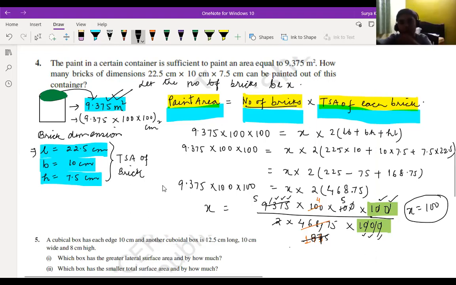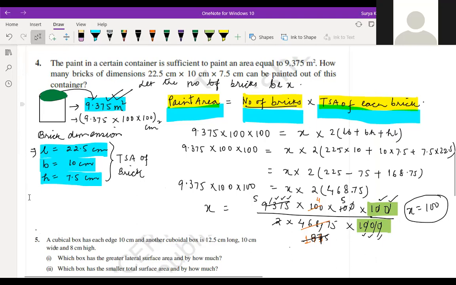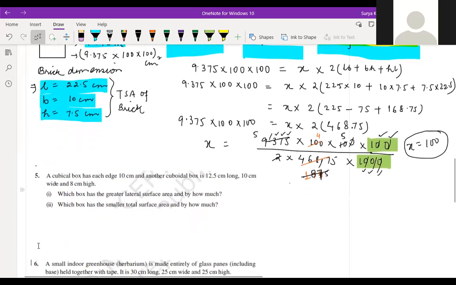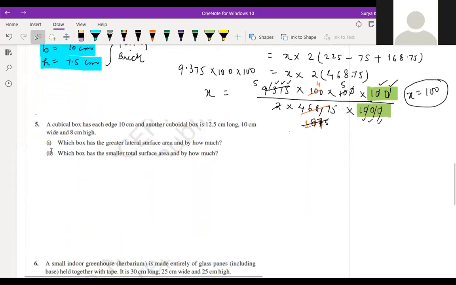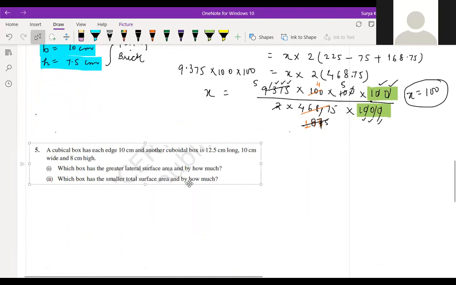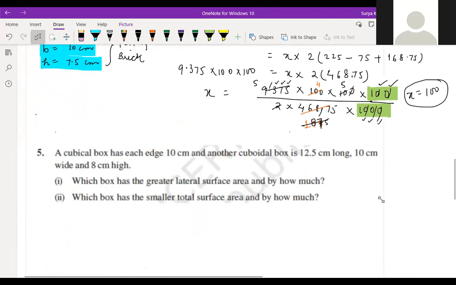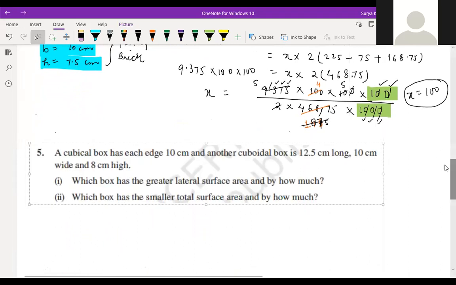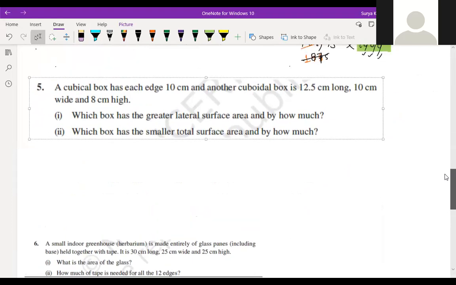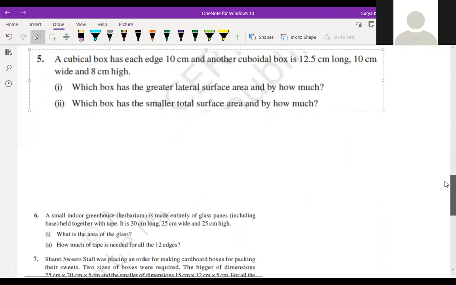Okay, next question is the cubical box. A cubical box has an edge. Just write first all of this. Data is what is given over here.